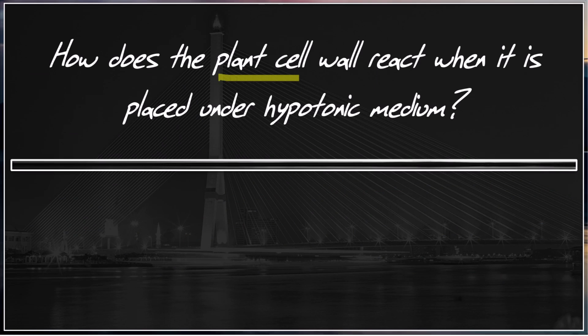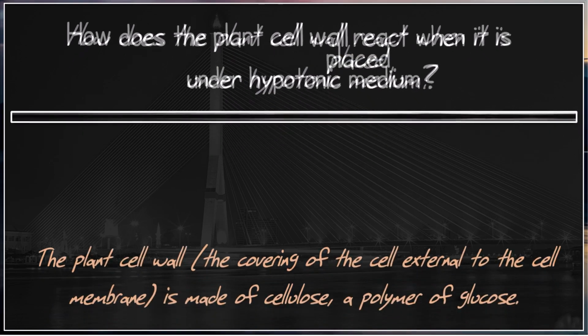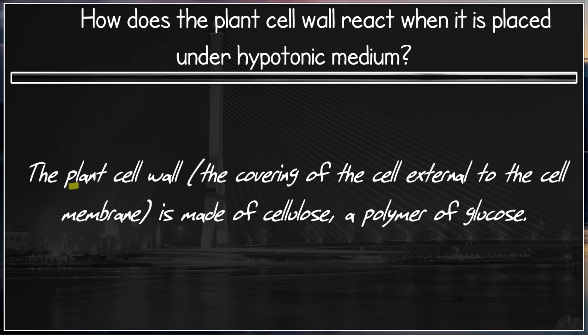How does the plant cell react when it is placed under hypotonic media? The plant cell wall, the covering of the cell external to the cell membrane, is made of cellulose, a polymer of glucose.